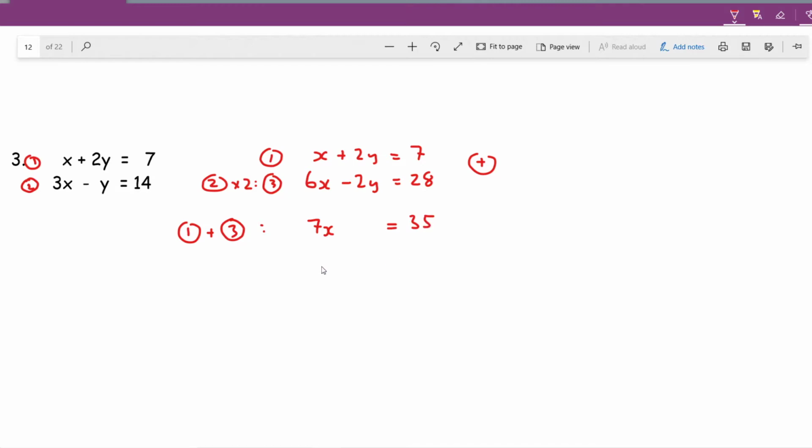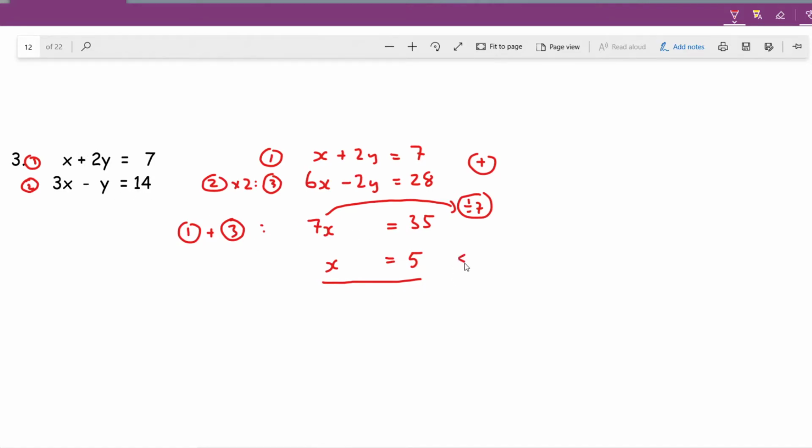So 7x equals 35, in which case if I divide both sides by 7, x will give me 5. Now the easiest equation to sub this into will be equation 1.